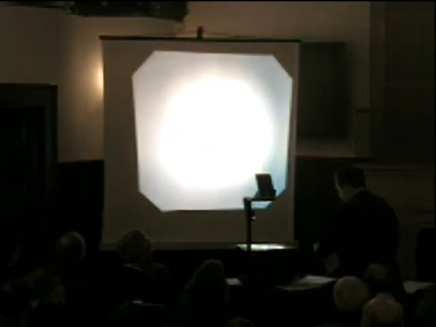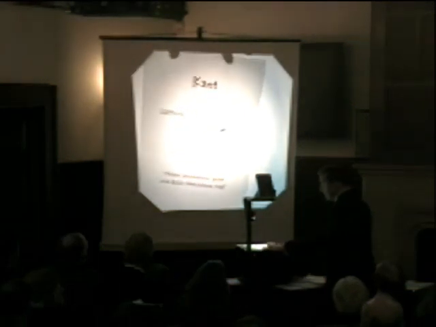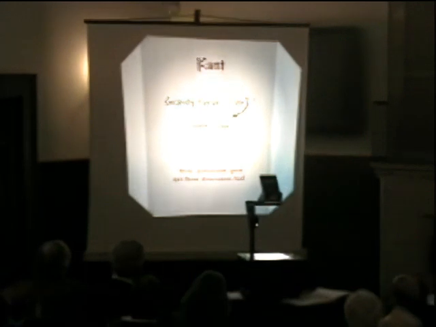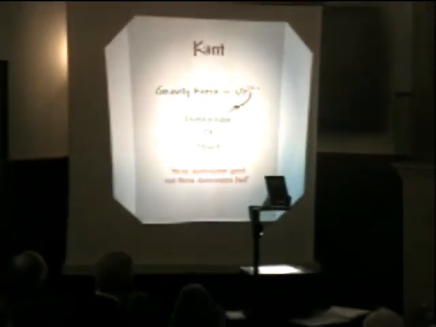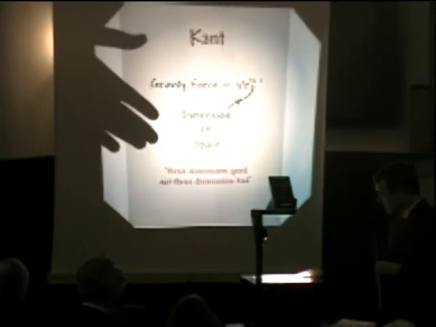Now, the first person that saw clearly that there was a connection between the dimension of space and the sort of physics that goes on within it, or astronomy, was actually the philosopher Immanuel Kant.